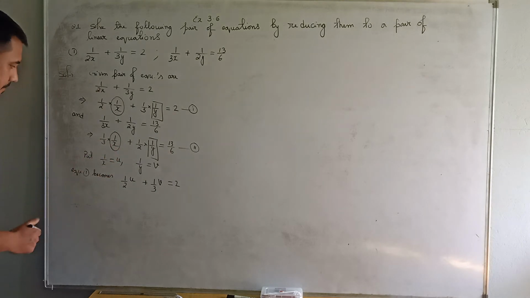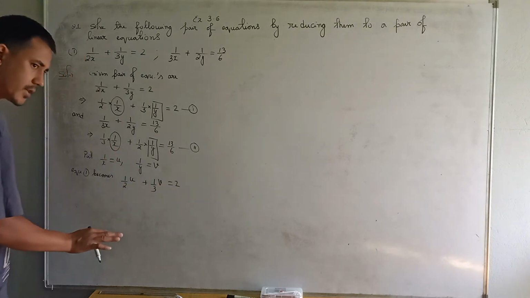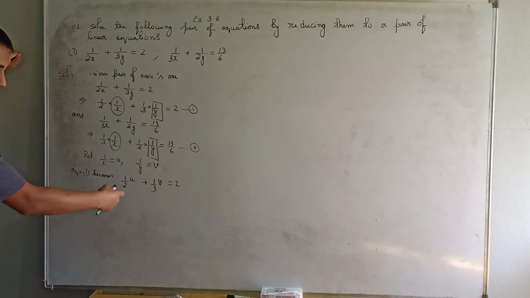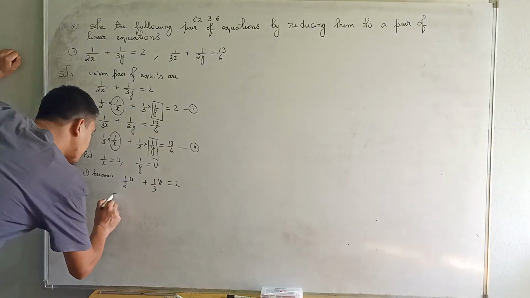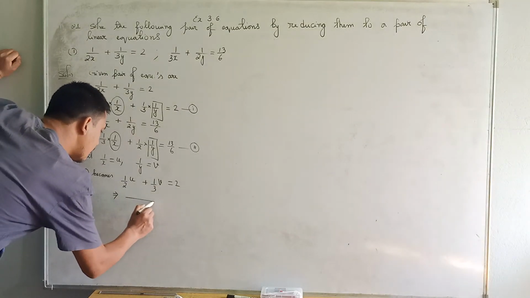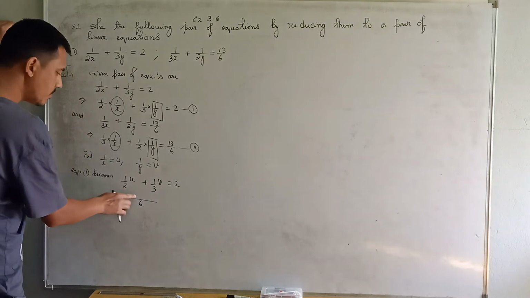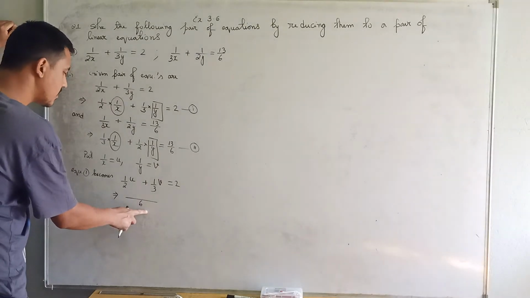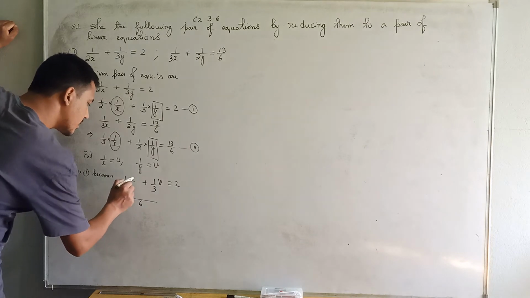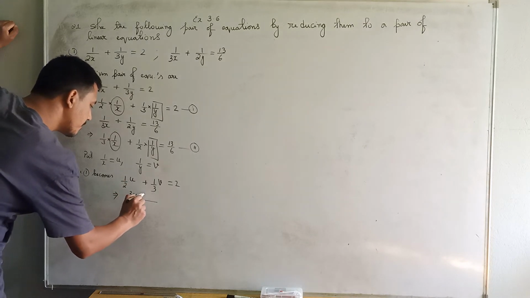Shall we do that? So don't make it as equation 3 now. I want to rearrange a bit to make things easier. LCM of 2 and 3 is 6. 2, 3 times is 6. Yeah, 3 times 1u is 3u.